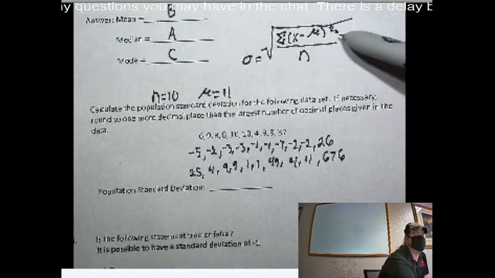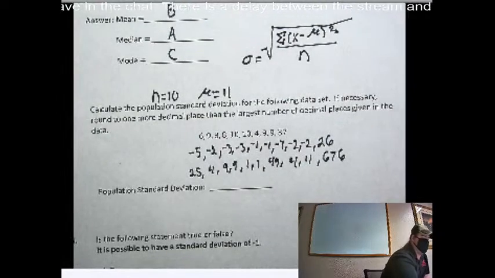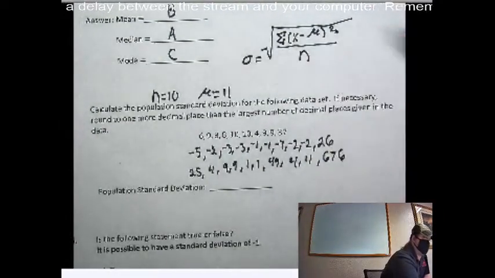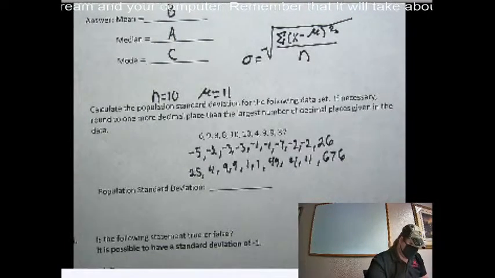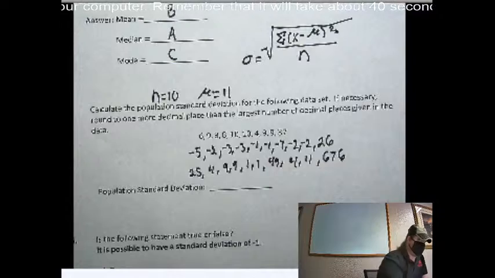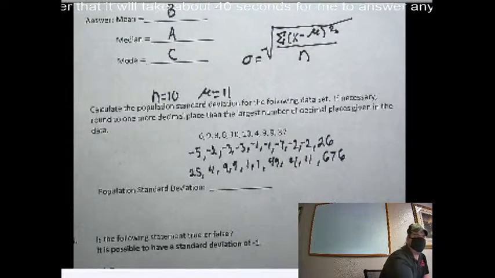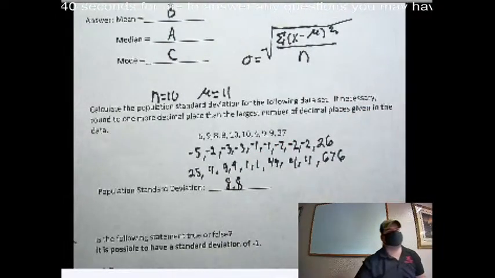So this top part is 782. We need to divide it by n, by 10, so that gives us 78.2, and then take the square root. The square root of 78.2 is 8.8430, so on and so forth, but we only want one decimal place, so that's going to be 8.8. There's our answer.